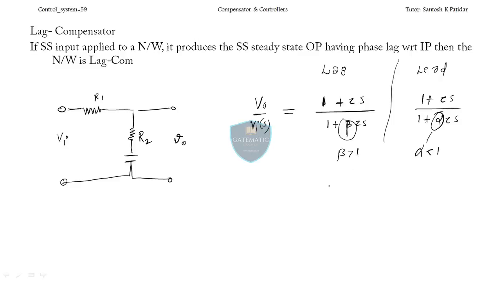Okay, so for the lag compensator, the pole will be near to the origin and the 0 will be away from the origin. You can see this by the transfer function. The transfer function of the lag compensator is given by 1 plus s tau divided by 1 plus beta s tau, isn't it, where this beta is greater than 1.